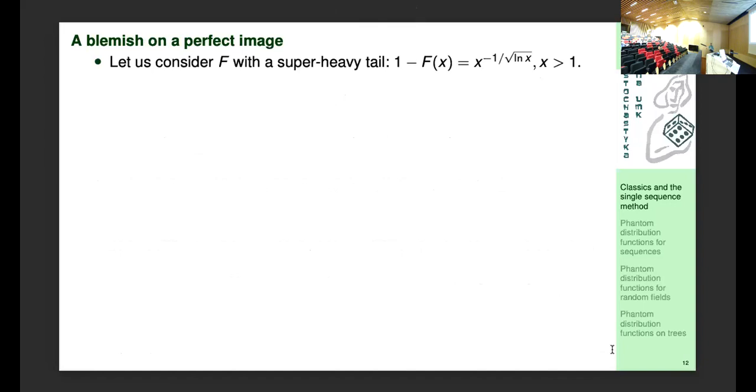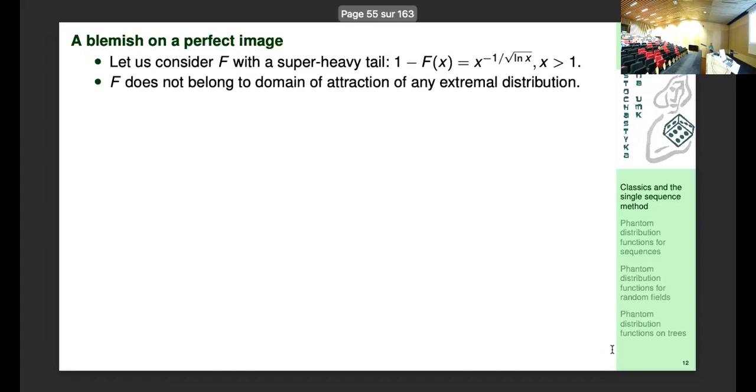Suppose we try to compute the limit for maxima from such a distribution function with a super heavy tail, chosen for our purposes. Because of this heaviness, it does not belong to the domain of attraction of any extremal distribution. So the previous theory does not apply to such random variables.